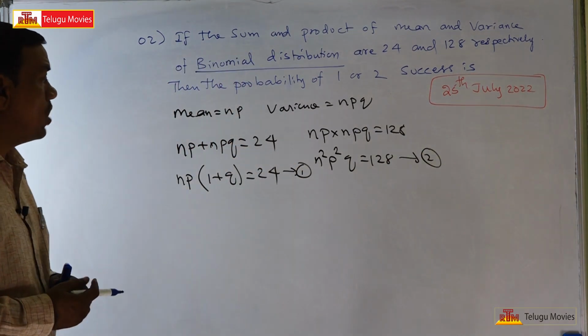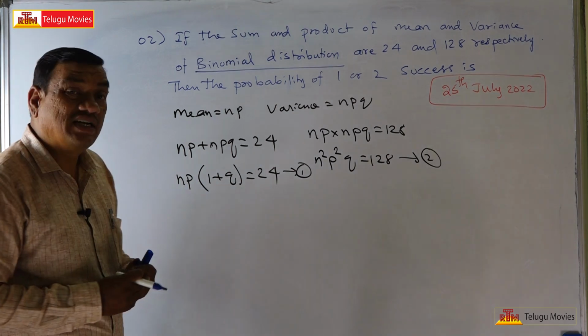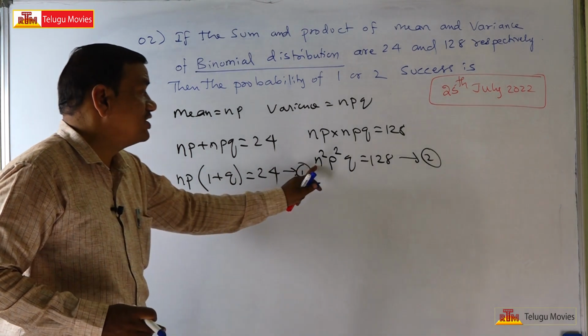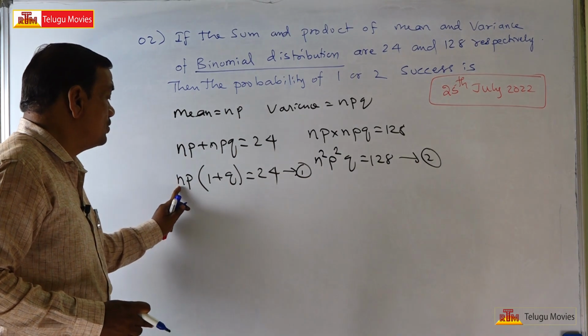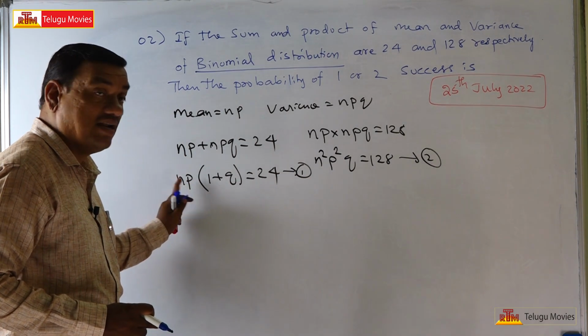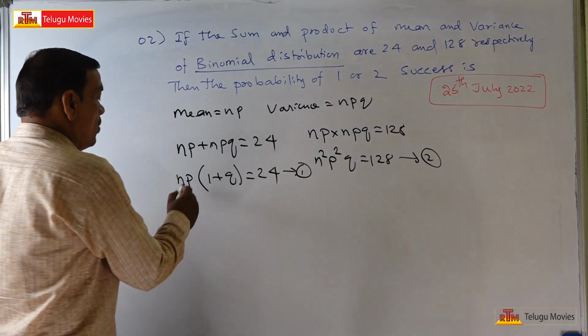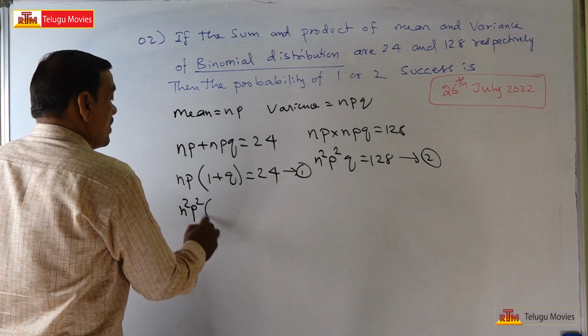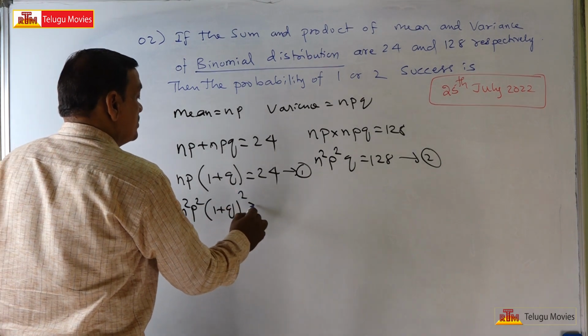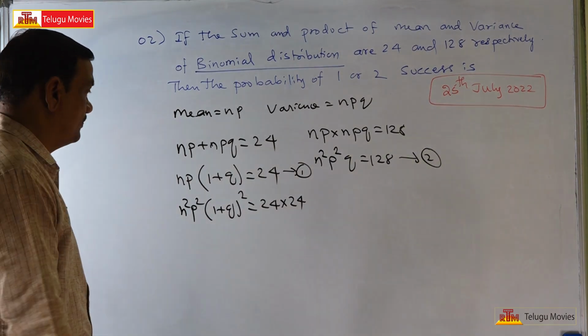Then how to solve these 1 and 2? How to get that idea? If you see here, n square p square, it is also n square p square. It is np, so can we make it n square p square? Yes, we can do it. How? n square p square, 1 plus q square is equal to 24 square.